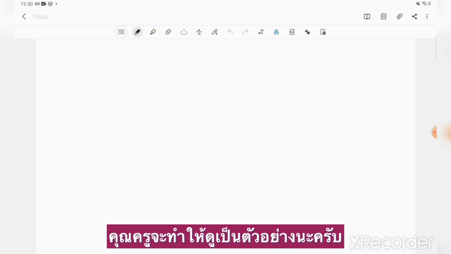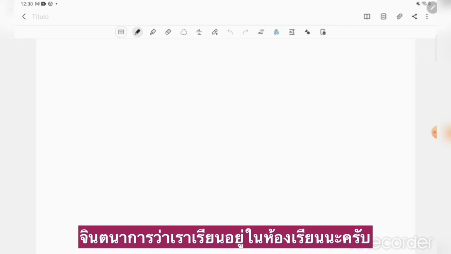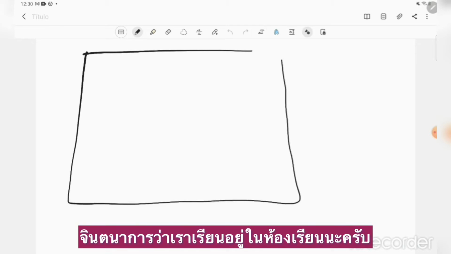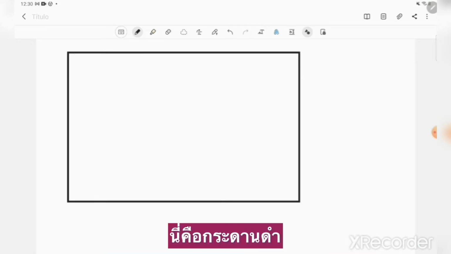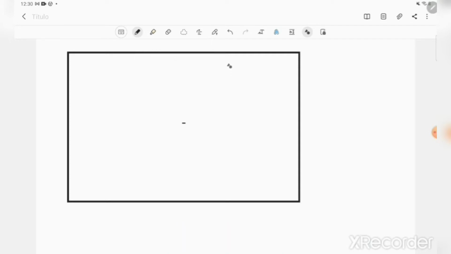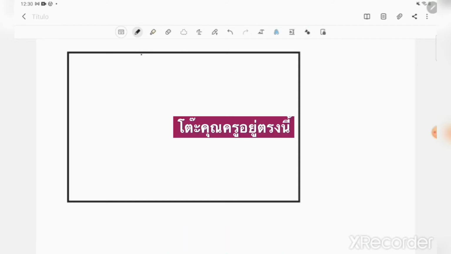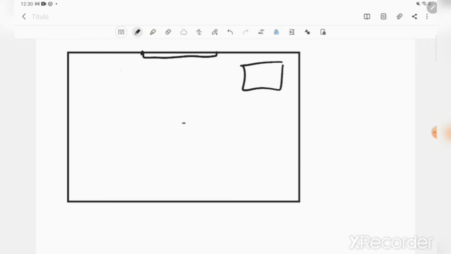If we have a class, let's imagine, okay, this is a big class. Okay, this is our class. Here is the blackboard, the table. The blackboard is here. Okay, the table of the teacher is here, and now the students are all around the class.